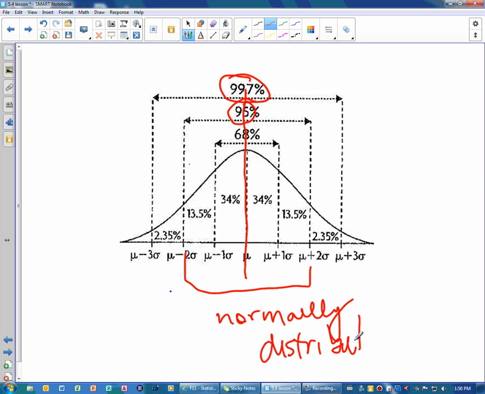I'm not saying all data falls like this, of course it doesn't, but if you're told that the data is normally distributed, then you can assume that the data will look like this. Or if the data looks like this, then you can say it's normally distributed.